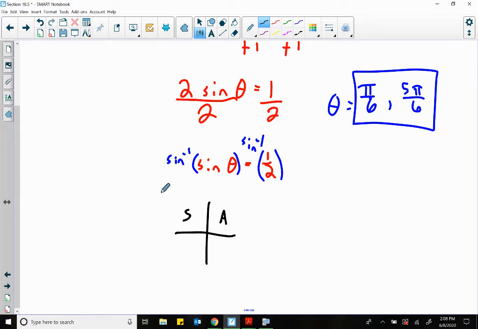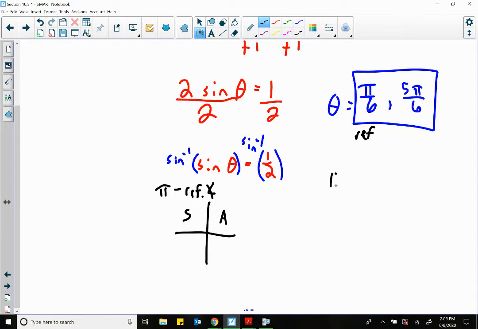Based off of what I told you, take pi minus the reference angle to get quadrant 2's, and we already know that is the reference angle because that's in quadrant 1.